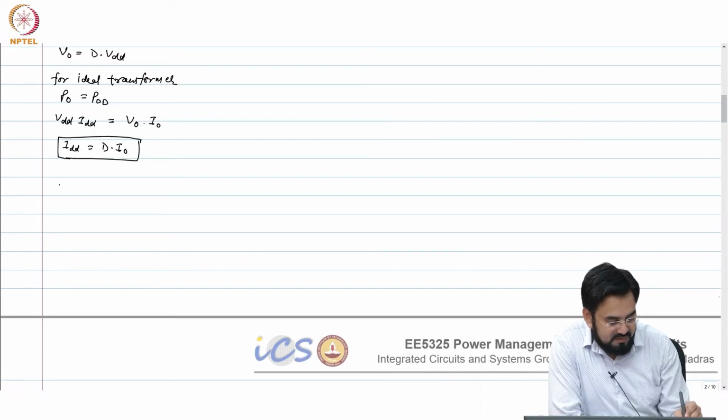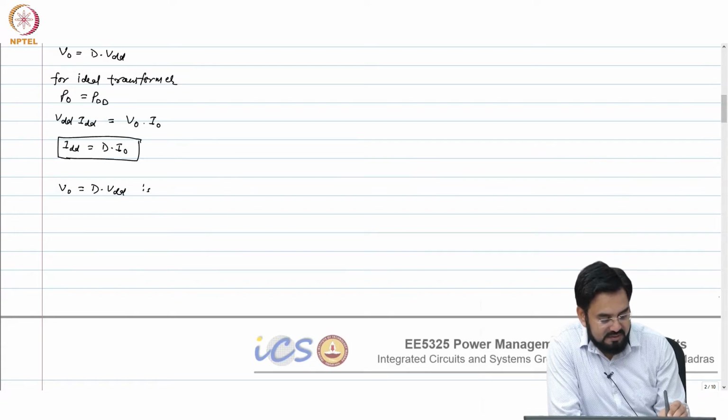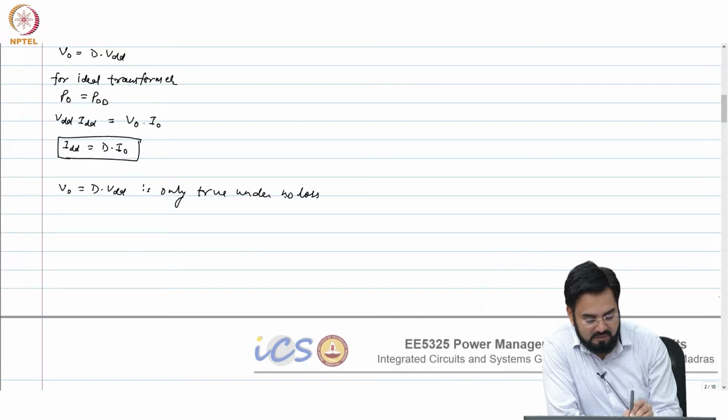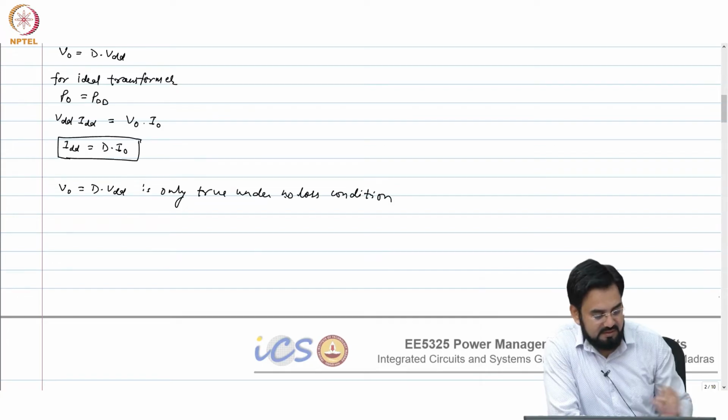So, this V out equal to D times VDD is only true under no loss condition, which we already looked at.